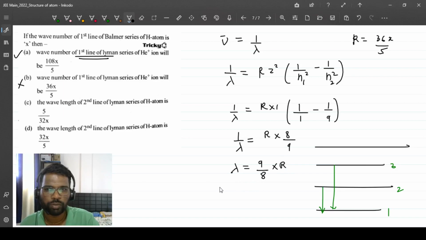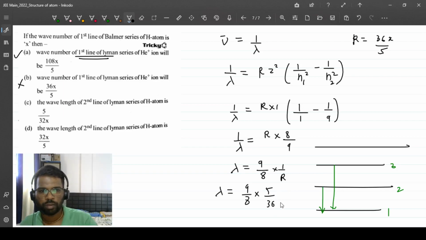So lambda will be 9 by 8 into 1 by R. Sorry, not into R, into 1 by R. Like this lambda will go over here, it will be 1 by R. So lambda will be equal to 9 by 8 into 5 by 36 upon X. So this will be 5 by 32.